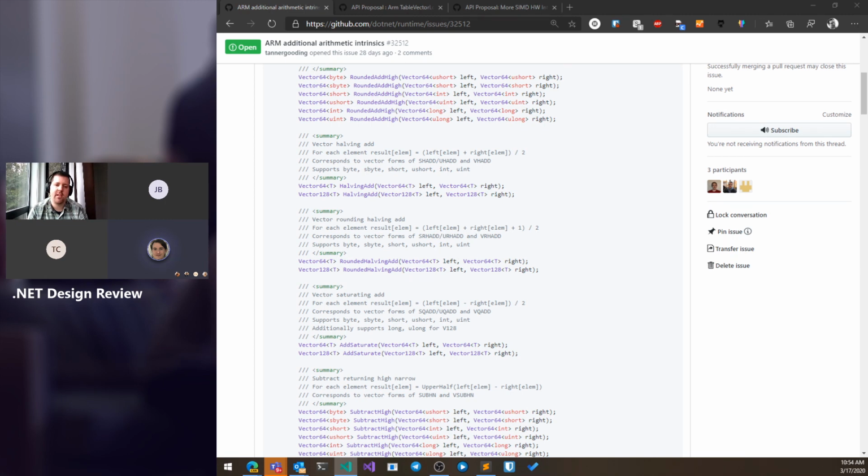And when you have the T here, that just means it supports every integral data type, right? Yeah. And float? No, actually, I've got a comment that says it supports byte, sbyte, short, int, and u. Okay. And then the 64-bit one will support u. Okay. Yeah, long and u long.